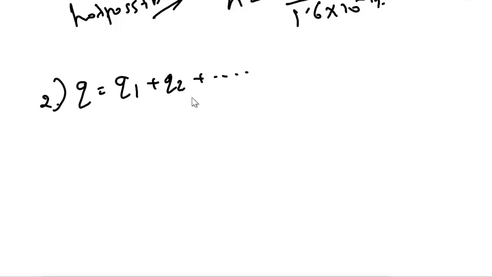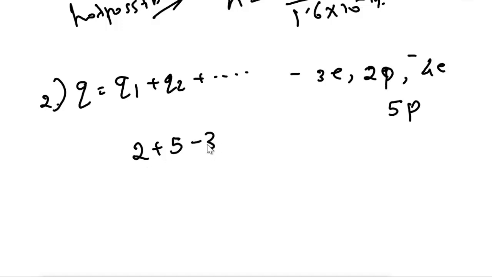Suppose I have 3E, minus 3E, 2P, that is 2 protons, and 4 electrons, and 5 protons again. What is the net charge? If they are asking, you should write down 2 plus 5 minus 3 minus 4. So 7 minus 7, together it is neutral in charge.